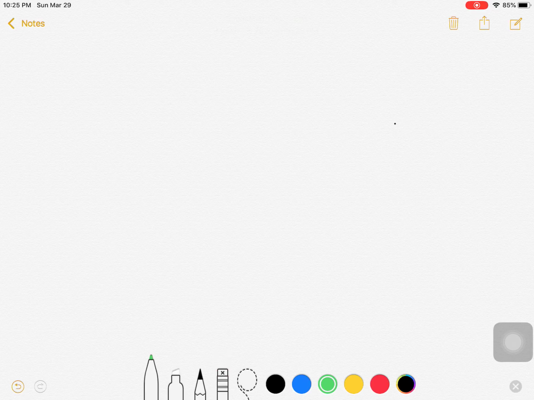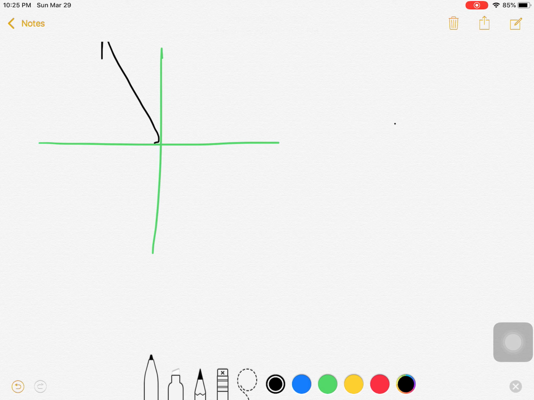All right, this time, let's have our angle be going this way. We'll say that that's 15 degrees. And we'll give it a magnitude of 100 newtons.